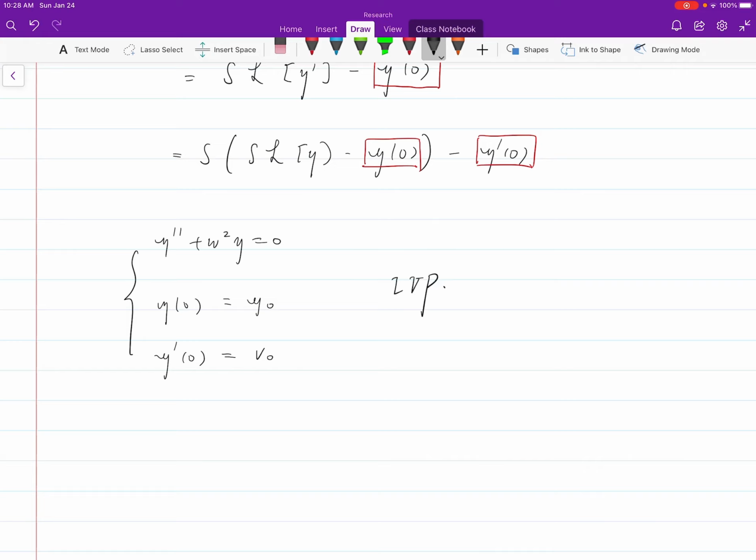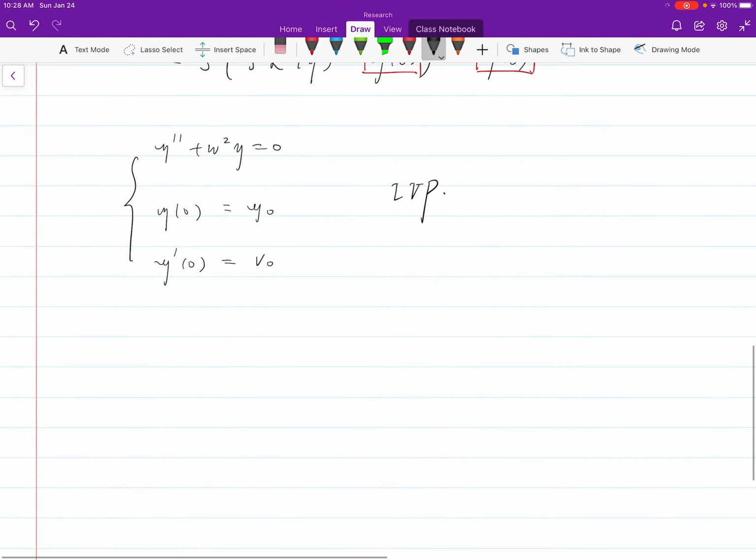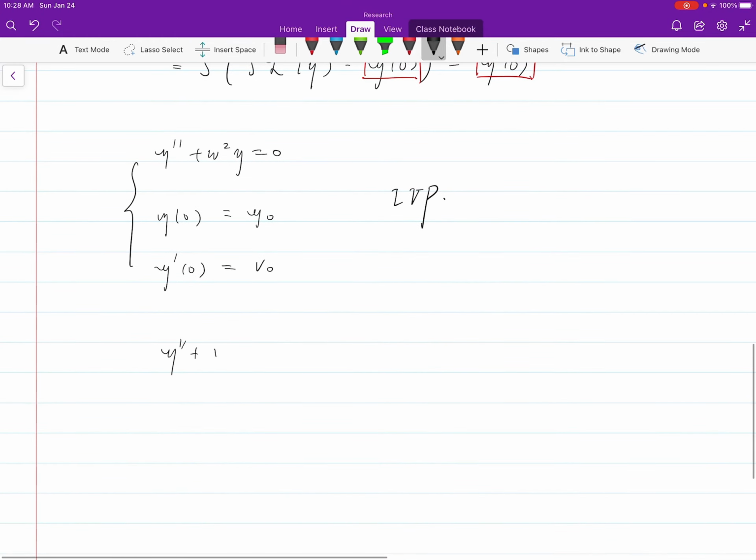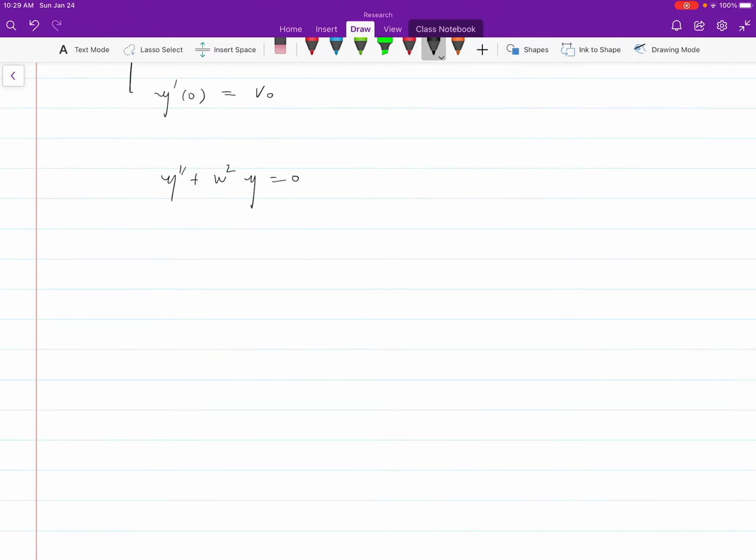So this is good. With that in mind, now what we can do is we can take y prime prime plus omega square y equals 0. Now what we are going to have is s L y prime minus y prime 0 plus omega square Ly equals L0, which is just 0 because you're integrating 0 from 0 to infinity 0 dt, right?